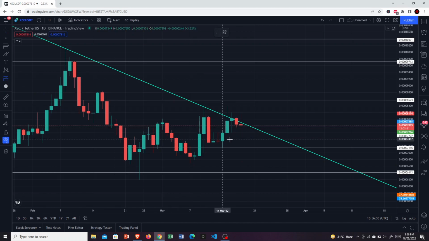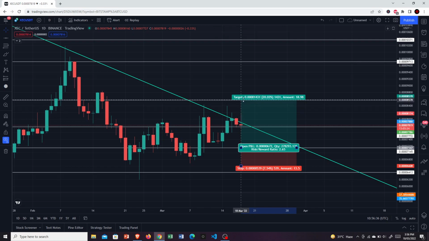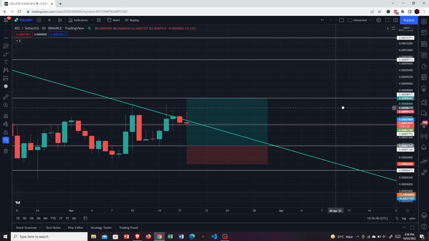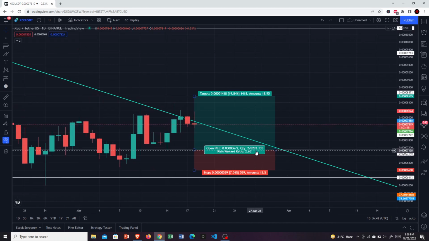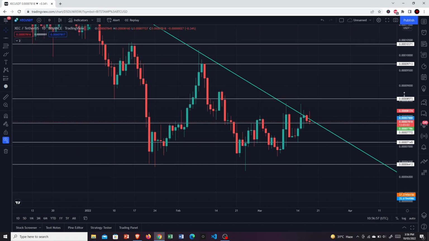Okay, so if you guys are planning to enter into XEC trade, then you can look for something like this. Something like this will be very important. So entry at 7145 and targets to this one and this resistance. Okay, target 1 will be 7772 and the second target will be 8573.